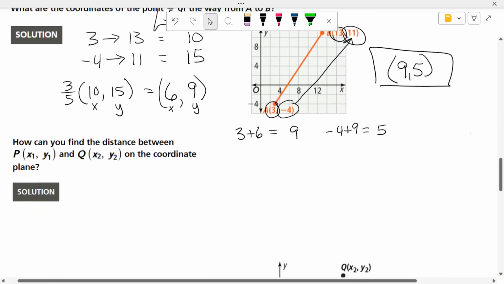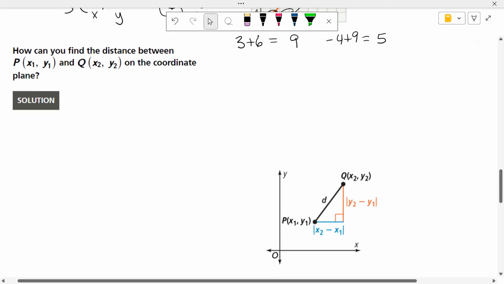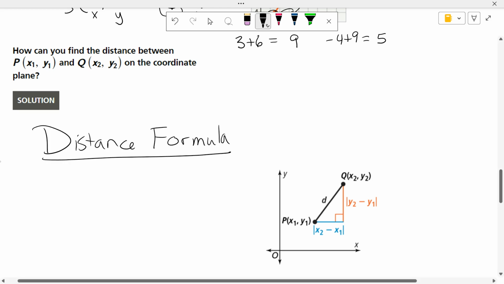All right. Distance. To do distance, we're going to use the distance formula. So this also goes on your note card. The distance formula is x2 minus x1.